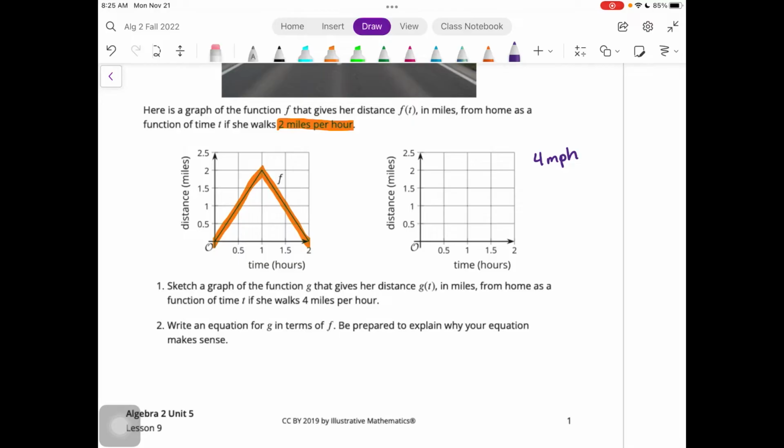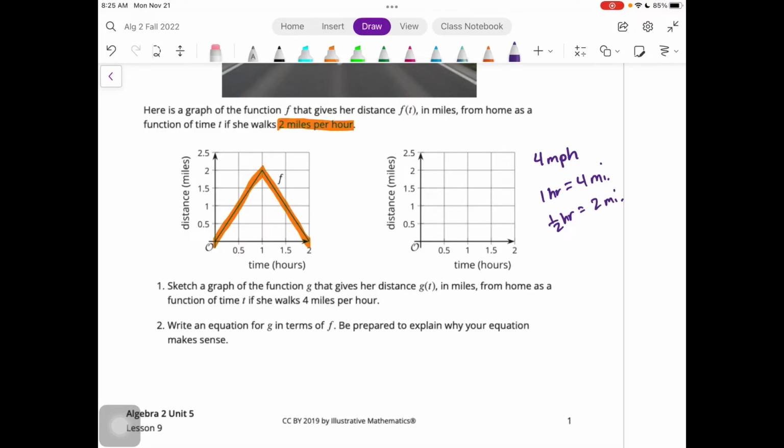Our grid doesn't go up to 4 miles, so we can't really graph that, but what we can do is say, if it takes her an hour to walk 4 miles, so 1 hour for 4 miles, then it's going to be a half an hour to walk 2 miles.